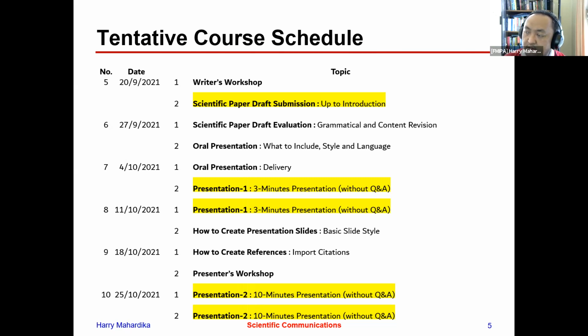In the introduction part, we don't have any template yet for this one, but the maximum for your introduction part is no longer than 2 pages.